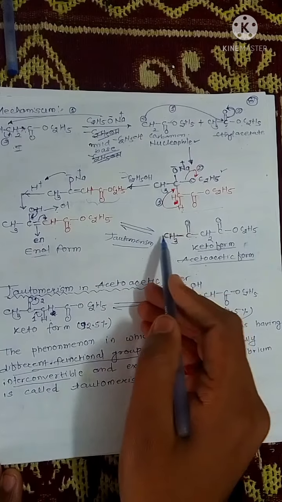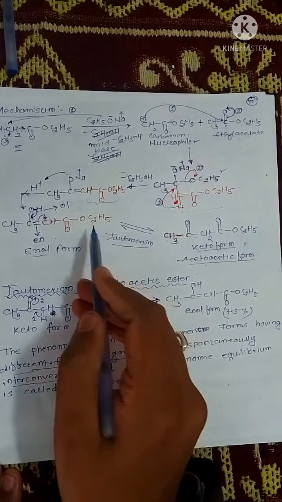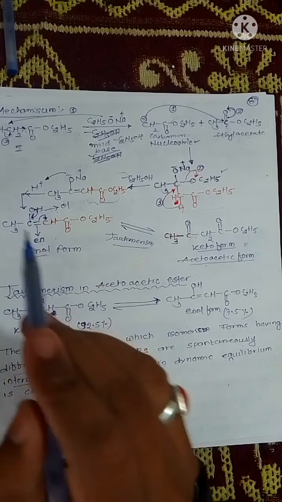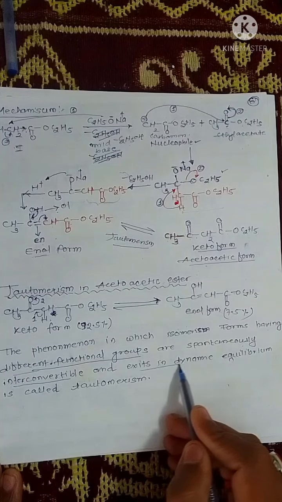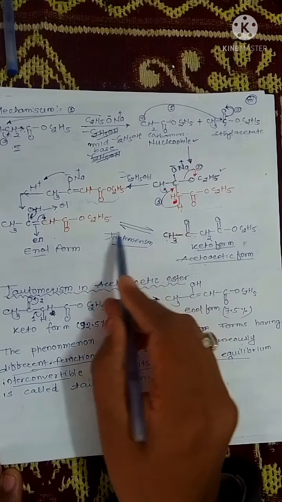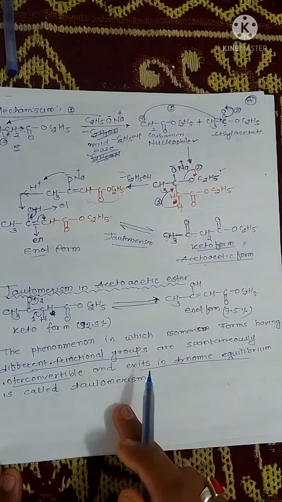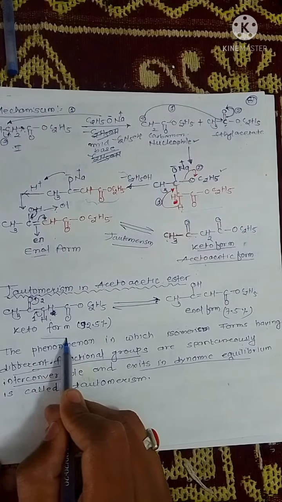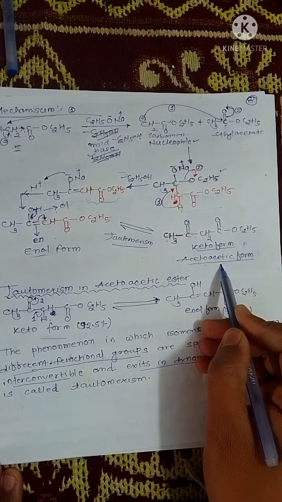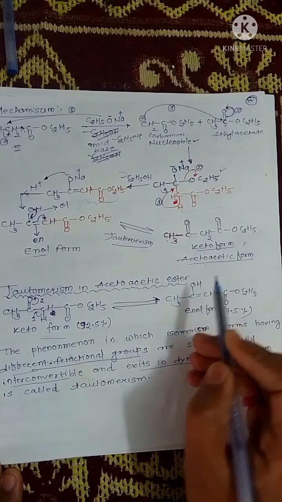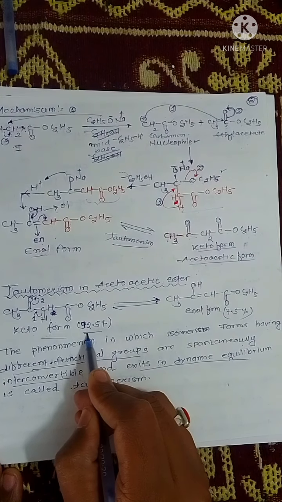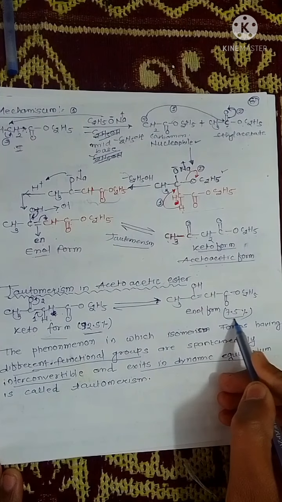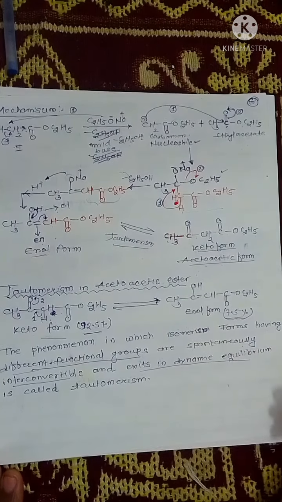Both compounds can be interconverted by just shifting a bond of the hydroxyl group, and exist in dynamic equilibrium. They are always in dynamic equilibrium, which is called tautomerism. At room temperature, your acetoacetic ester is a mixture of 92.5% keto form and 7.5% enol form.